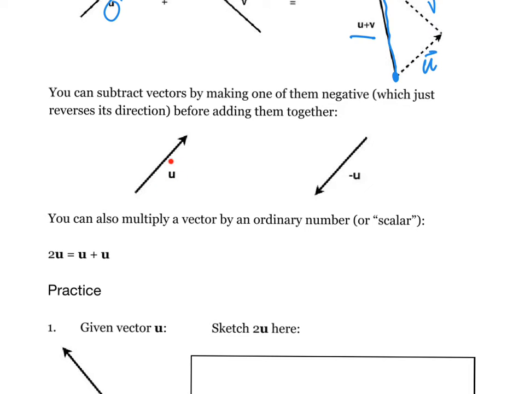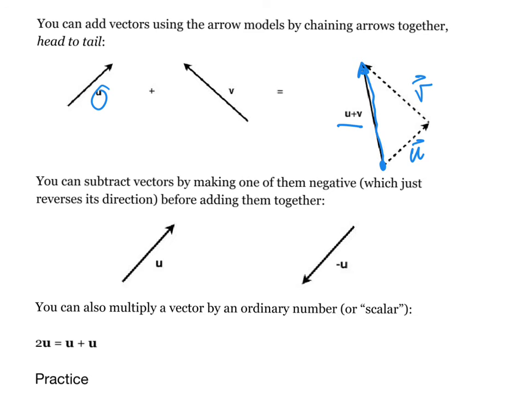So here again, we've got a vector u, which is this long and goes to the upper right direction. The negative u vector would have the same length as the u vector, but its direction would be exactly opposite. So if we wanted to add a negative vector to a positive vector, we first need to create the negative vector, and then we can add it using the same technique that we used up here.